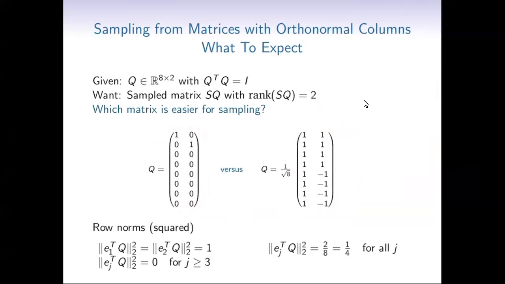And this is how you quantify this. In this case, the row norms squared of this matrix are 1 and 1. And this is as large as they can get because this is an orthonormal matrix. The column norms are 1, hence the row norms cannot be larger. They can be at most 1. All the other rows have norm 0. In this case here, all rows have the same norm because the magnitudes, the absolute values of the matrix elements, are the same.